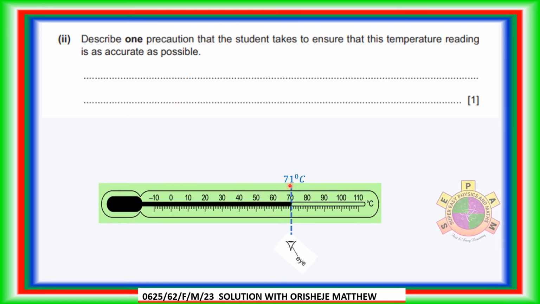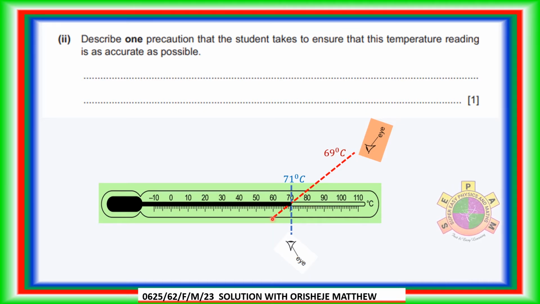So the reading here is 71 degrees Celsius. But if you position your eye from another angle, not perpendicular, maybe a student is looking at the temperature reading from a direction which is not perpendicular to the calibration, what he or she is going to read is a value less than 71. So it's going to read 69 degrees.